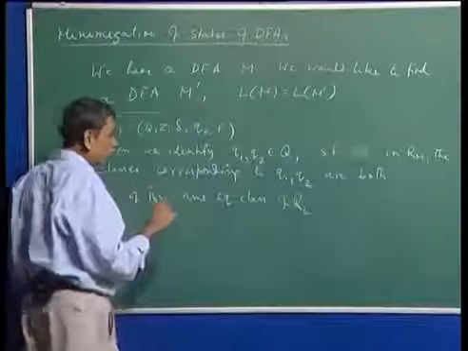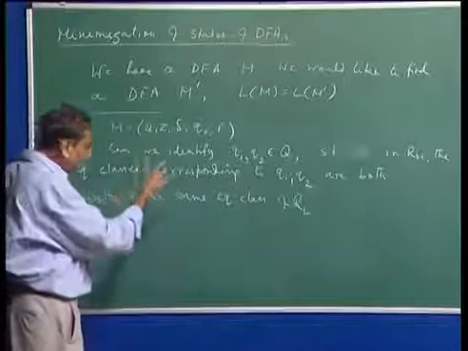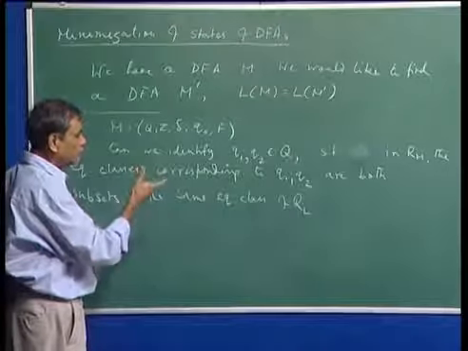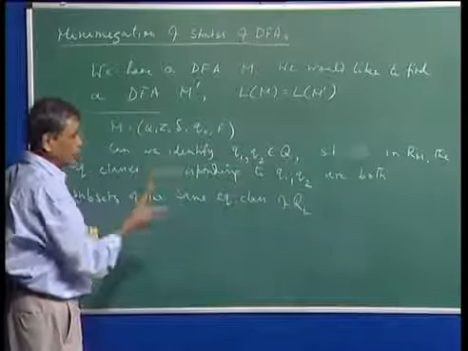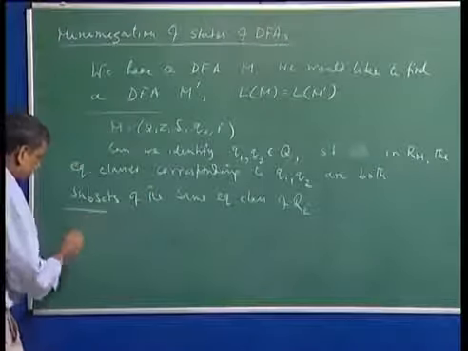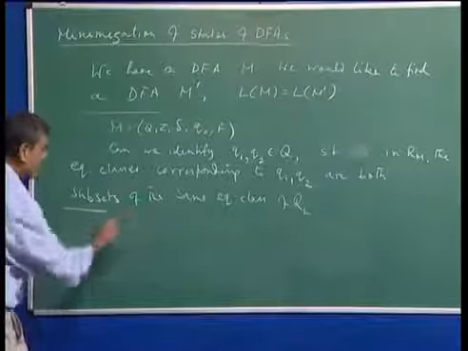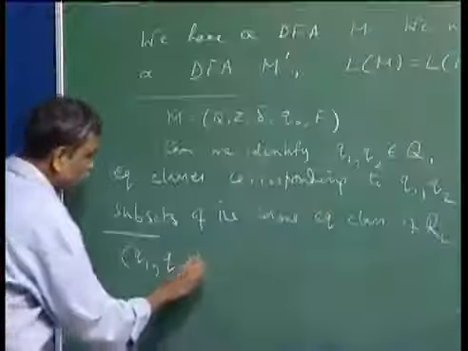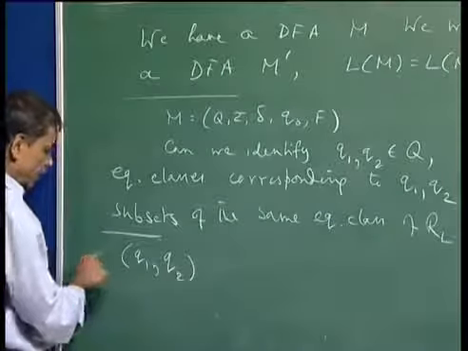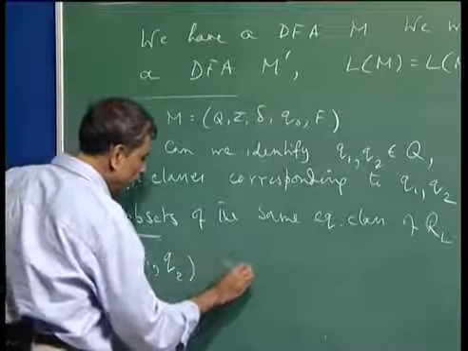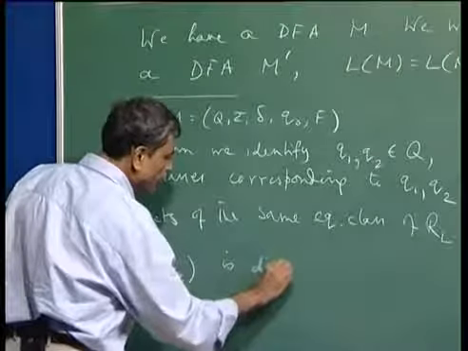What is more direct, and equivalent of course, is to identify pairs of states which are not so. Another way of saying this is that we are trying to identify whether the pair Q1, Q2 is distinguishable.